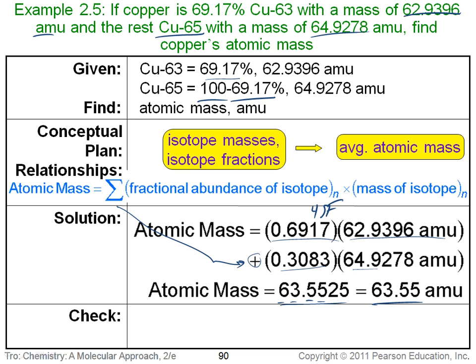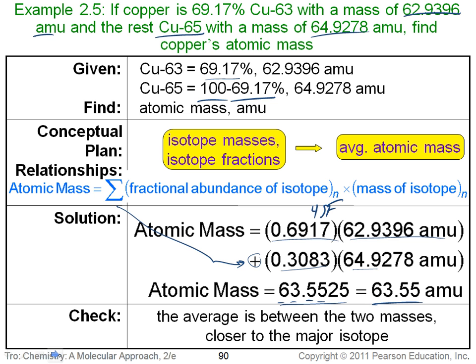This is just like the problems we did yesterday. This one's a little bit more detailed. You can check your answer by looking on the periodic table, and it looks fairly close to that number there. On the periodic table, it's 63.55 to 4 significant figures.